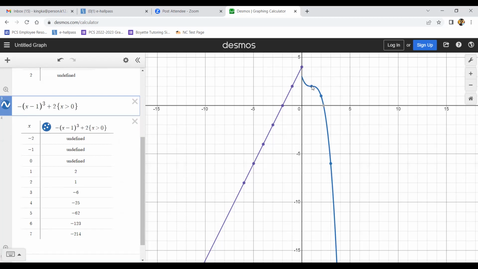And then we got 1, 2, 2, 1, 3, -6. Those look like the easiest points to graph. So here's my graph. That's what I've got it looking like.